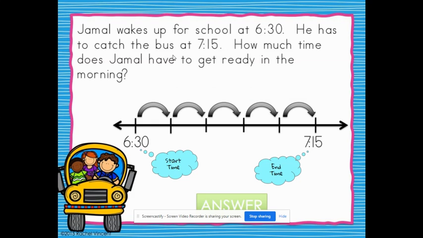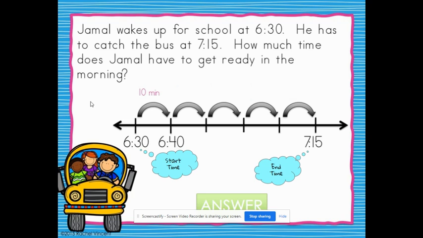My hours change, so I wonder if I could start with a 1 hour hop. 6:30, a whole hour later, my hour is going to go up by 1 and my minutes are going to stay the same. That would be 7:30, so that won't work either. Why don't I start with 10 minutes? Counting by tens is really easy. So 6:30 plus 10 minutes would be 6:40.